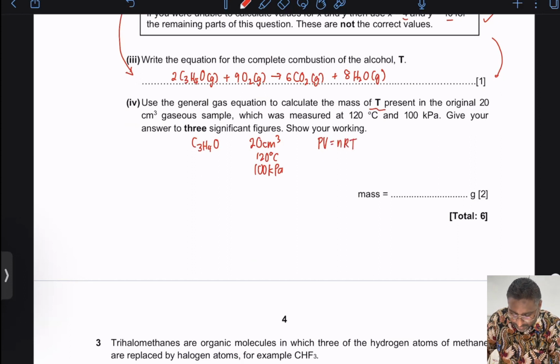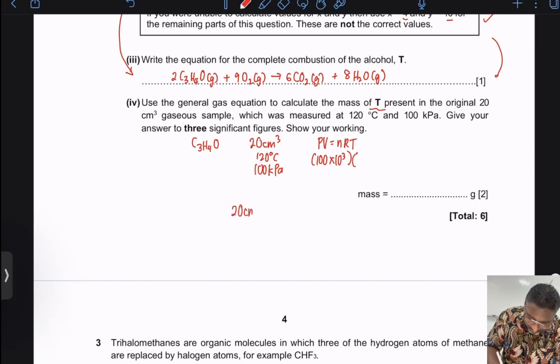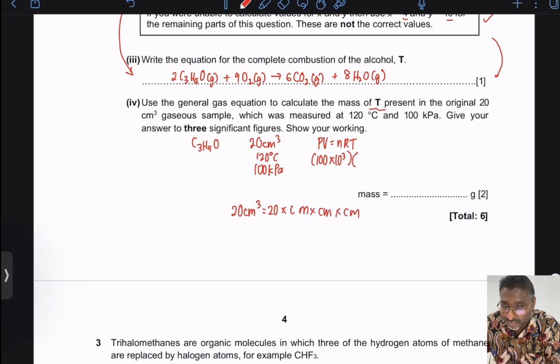Pressure you must use Pascal, so change 100 times 10 to the power 3. Kilo means 10 to the power 3. Volume must be in meter cube. So 20 cm cube is 20 times centimeter, because some of you still do not know this.